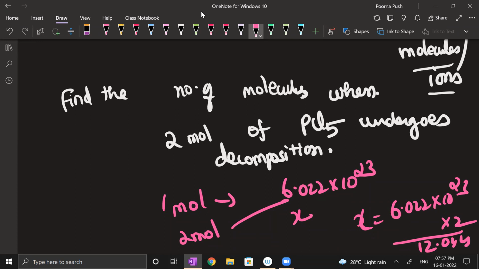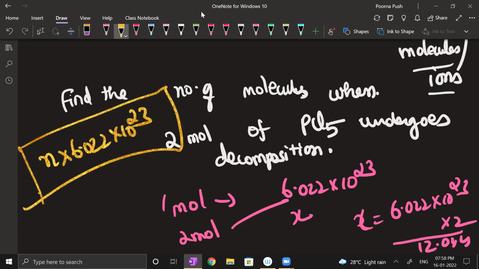If they ask for atoms, it is the same, with the Avogadro number. Even if they give mass, it is the same. The only difference is, we can write a general formula: number of moles multiplied by Avogadro number, for finding the number of molecules and atoms. Okay?